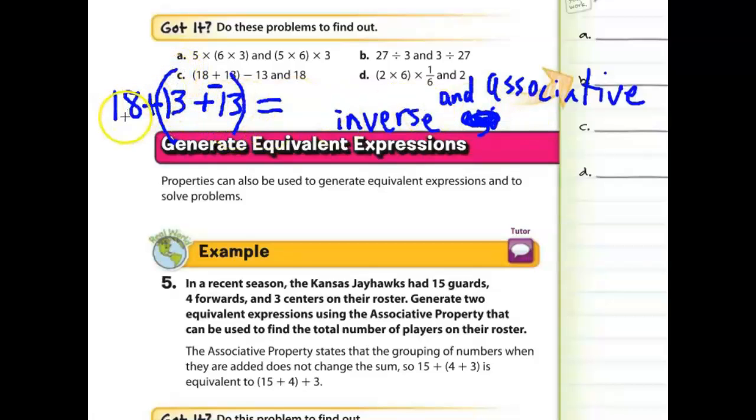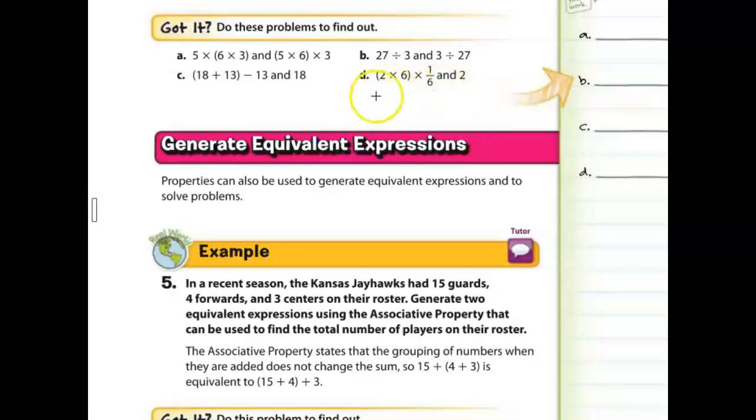Since this is all addition now, we're adding a negative, I can group this together. Once I group a positive 13 and a negative 13 together, that is going to be the inverse property, and that is going to equal 0. So that only leaves us with 18. So the answer is you can use the inverse property and the associative property.